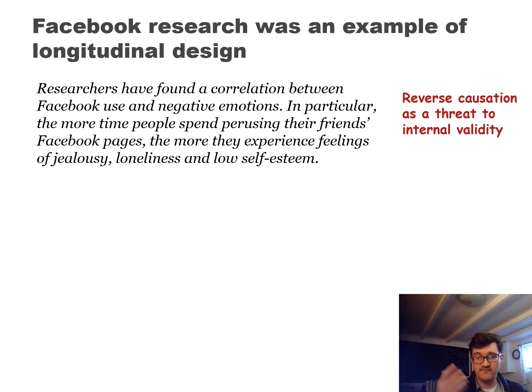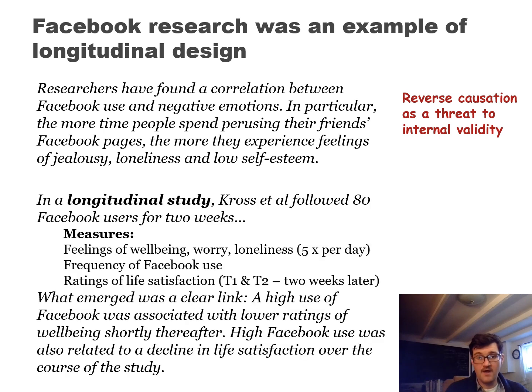Because we didn't know if people were feeling these negative feelings and then went to Facebook, or if it was because they went to Facebook that they wound up feeling these negative feelings. The longitudinal study followed the Facebook users over 2 weeks and measured all of these things. But this way we can see that when you use Facebook, you then have negative feelings, as opposed to having negative feelings and then using Facebook.